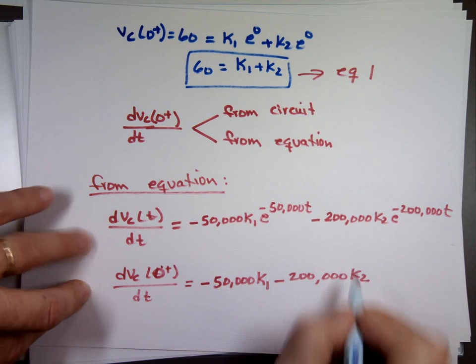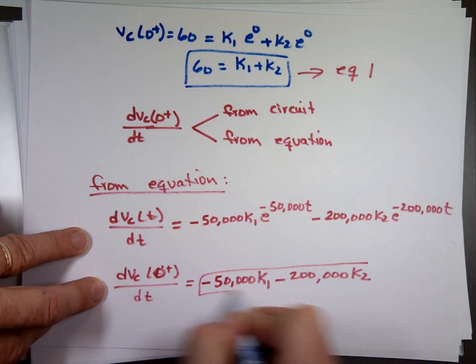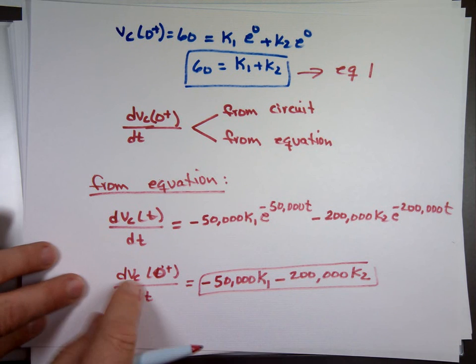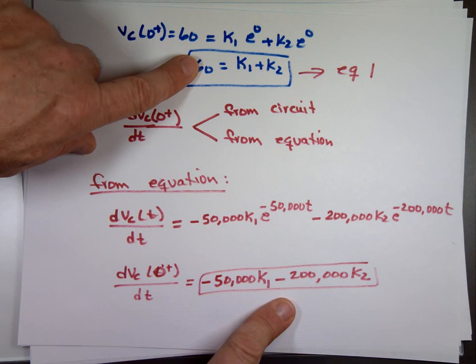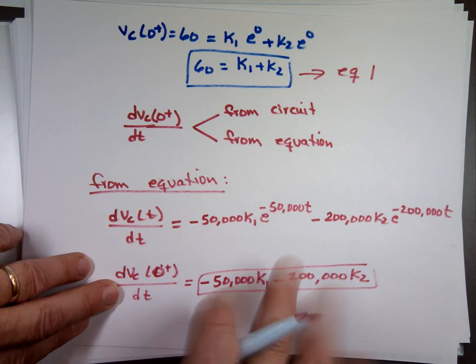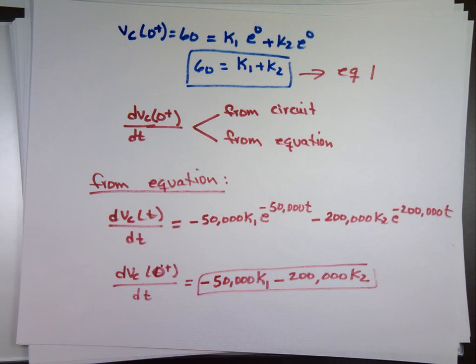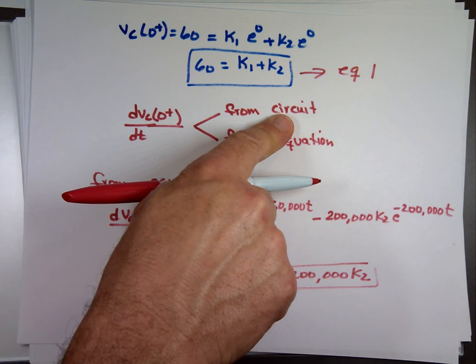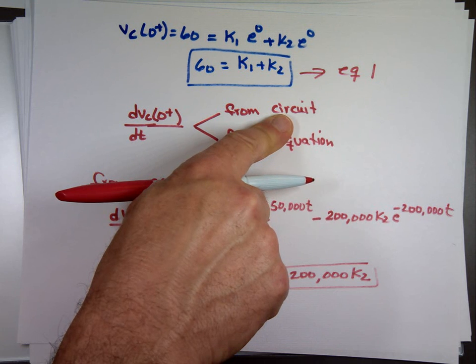If I know what the answer to this is as a number, that's my second equation. So if this was a number, then I have two equations and two unknowns, and I can solve for K1, K2. So how can I change this to a number? That's when I go back to the circuit. So let's go back to the circuit.